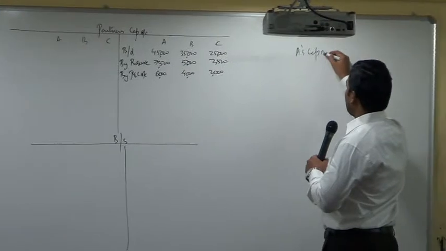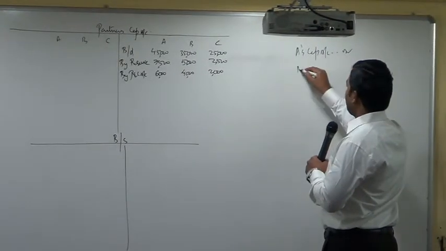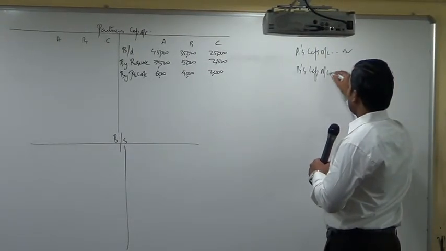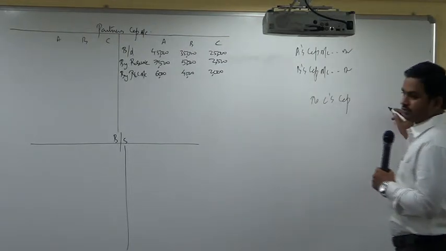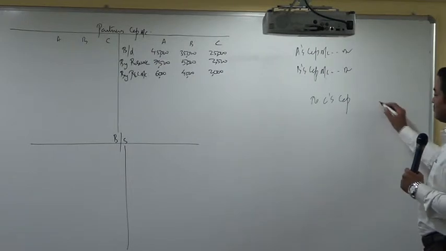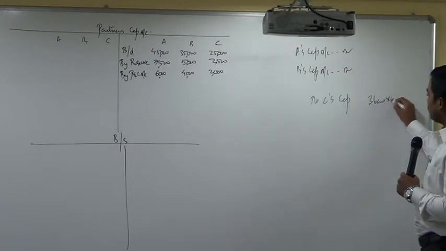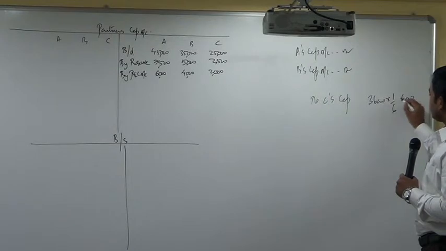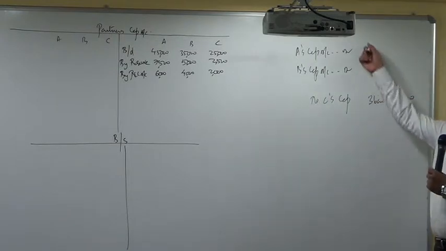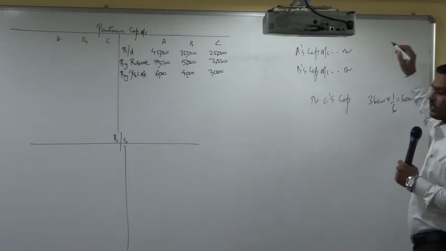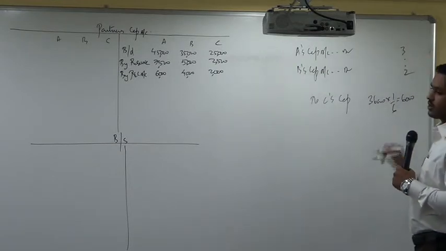A's capital account debit, B's capital account debit, to C's capital account. How much is he sacrificing? 36,000 into 1/6, that is 6,000. This 6,000 will be shared among A and B in their mutual profit sharing ratio, 3:2.